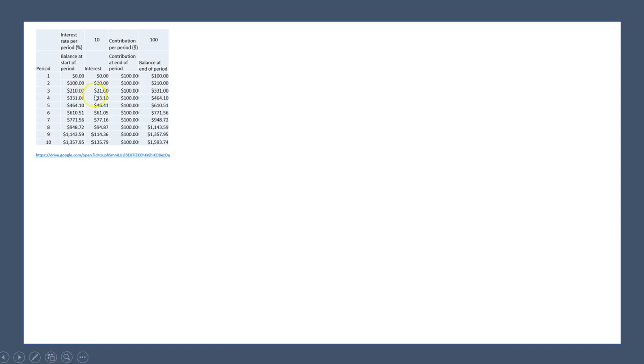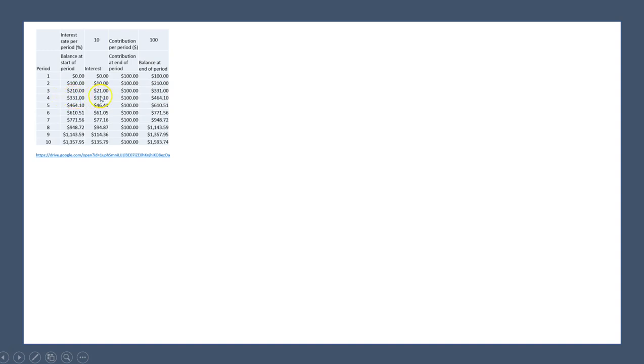The interest being earned is $21. At the end, another deposit of $100 is made. So at the end, we've got what we had at the beginning, plus the interest, plus another deposit, which is $331. Carries over for the beginning of the next period.